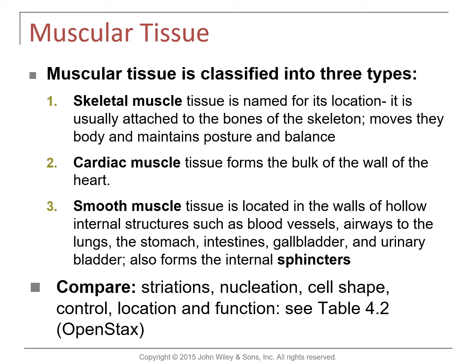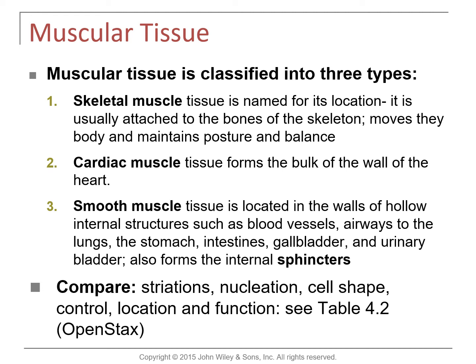Compare these three with respect to our nervous control of their activity. We can consciously control skeletal muscle cell activity, but cannot control cardiac and smooth muscle tissue, so those are considered involuntary. And we talked about location and function.